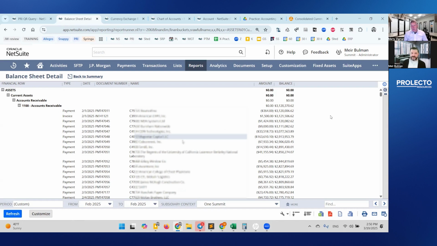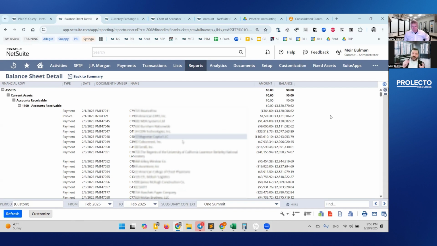Okay. And is there a different way to understand why that opening balance is not what we expected it to be, which was last period's ending balance? Sure, indeed. Another report that I've created for a client was basically a query that shows GL activity, GL movement.